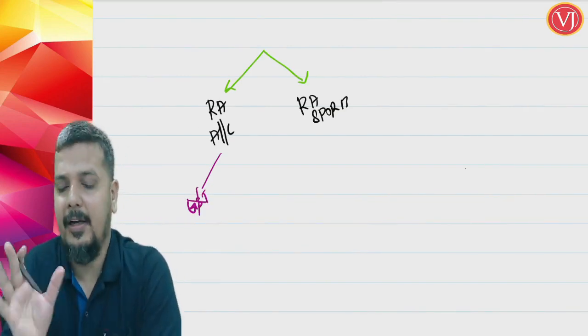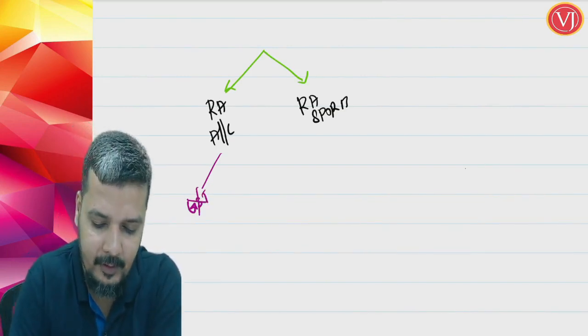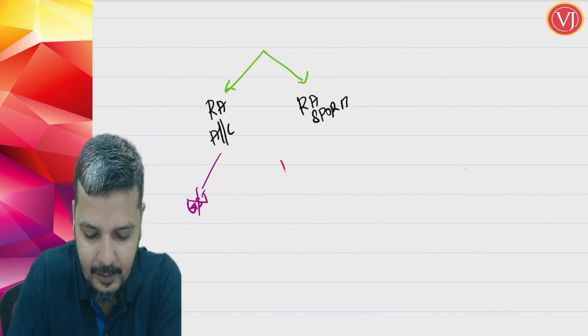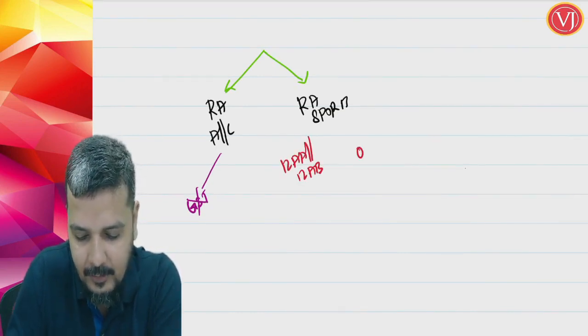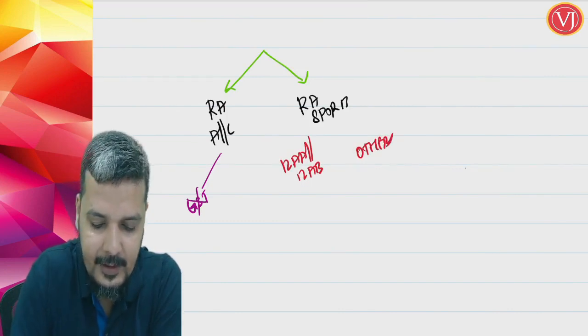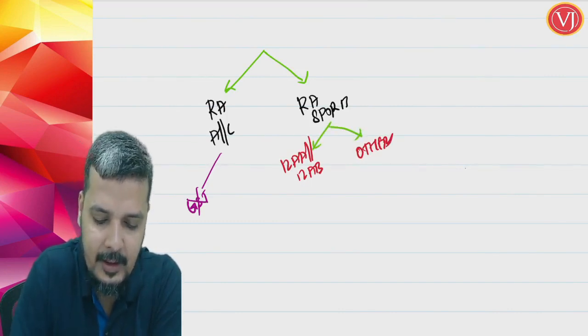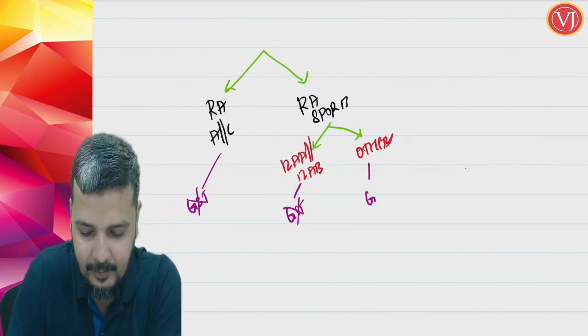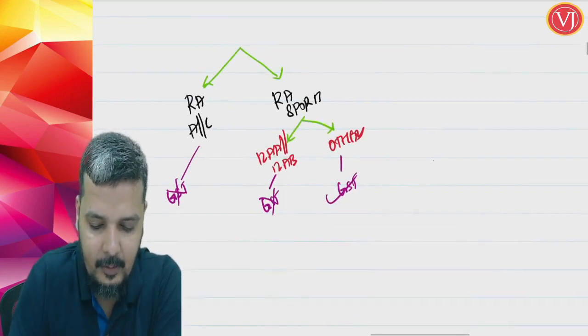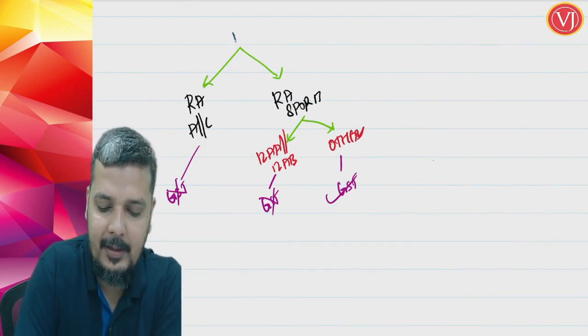Nothing more, no more criteria. If it is for sports, then you need to ask whether it is by a 12AA entity, 12AB entity, or whether it is by others. If it is by a 12AA or 12AB entity, it is exempted. If it is by others, it was taxable. Now, this is all before the amendment.